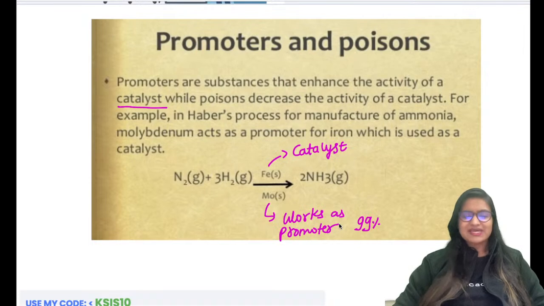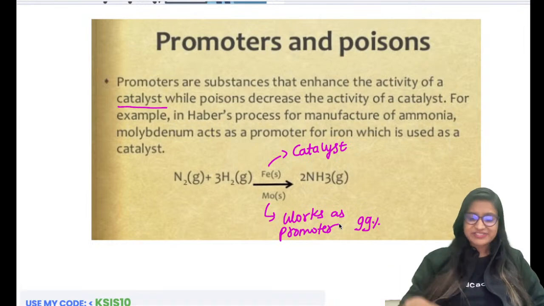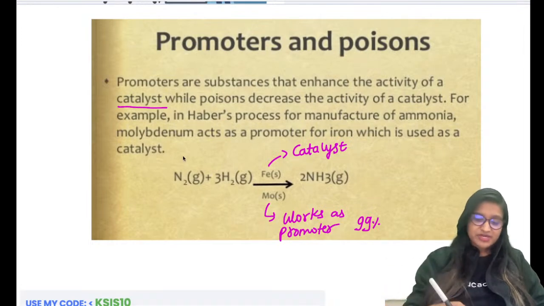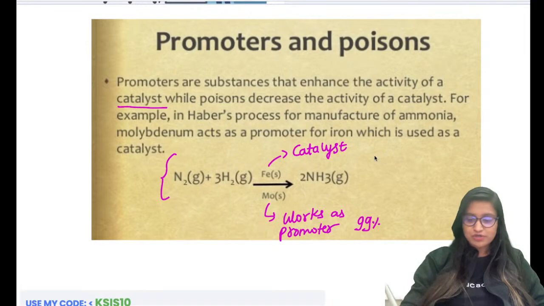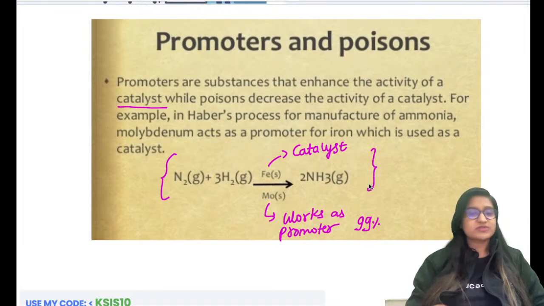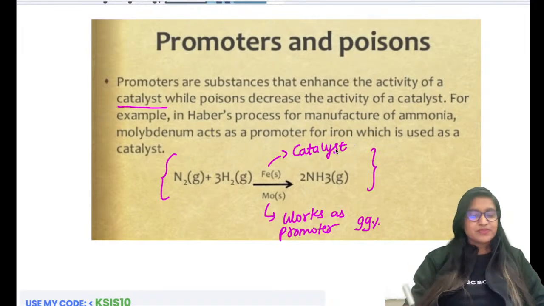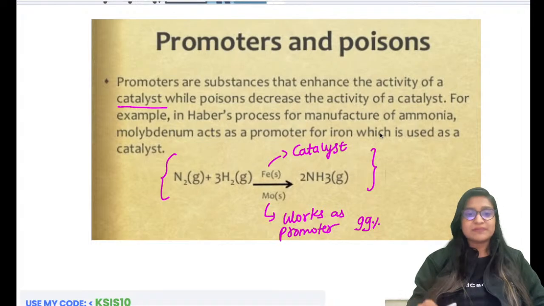So in short, as a consequence, your reaction will happen faster. Okay, so as you can see here, in the production of ammonia, when you talk about Haber's process, when you take Fe, that is iron, it works as catalyst, and molybdenum works as a promoter.